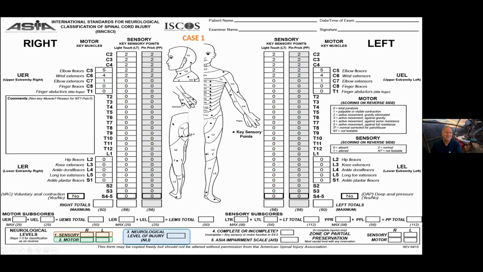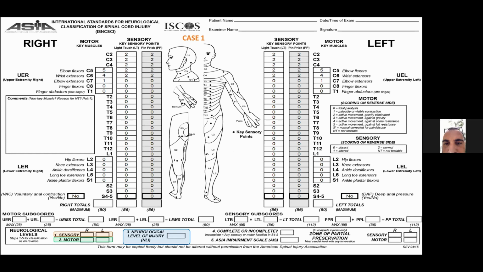Okay. Yes. And what would you call the neurological level of injury? Give me a second. I want to say C7. Why would you say C7 when C6 is your last normal?